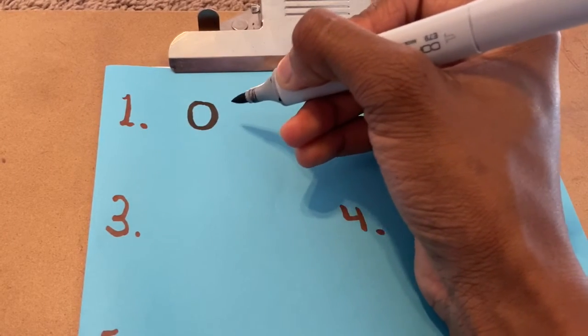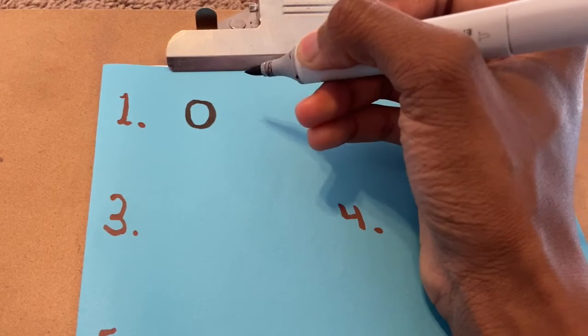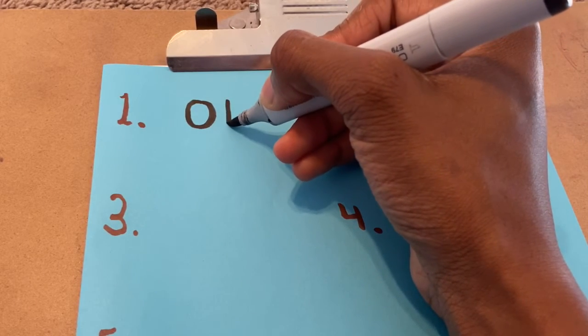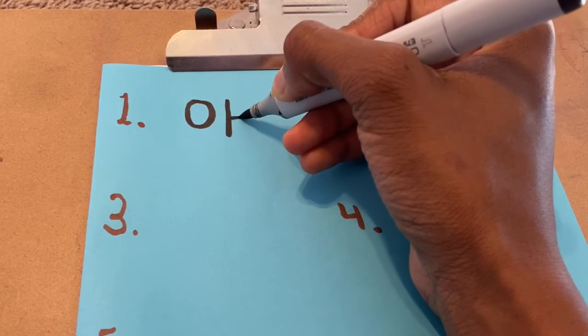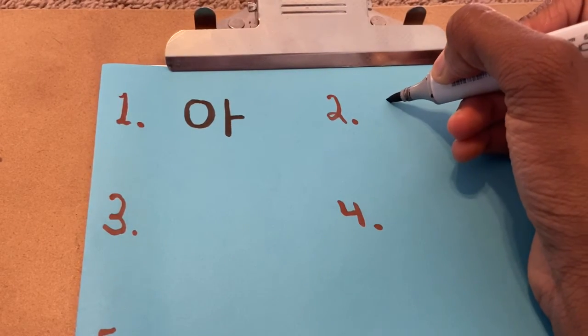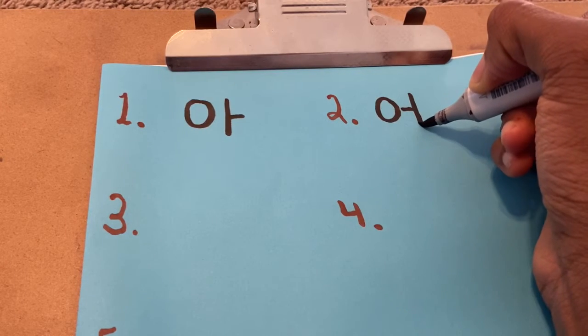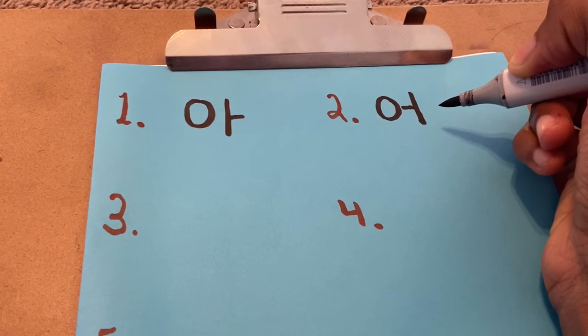This is ieung, and it's always written parallel to the long line of the vowel. This is what it looks like when it's written with ah. This is what it looks like when it's written with aw. See how it's parallel to the long line?